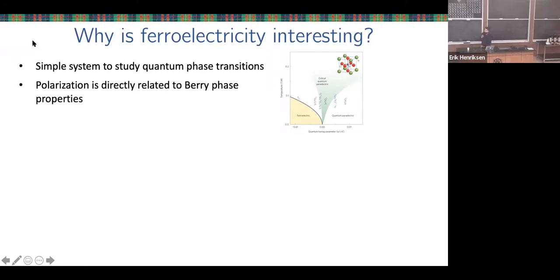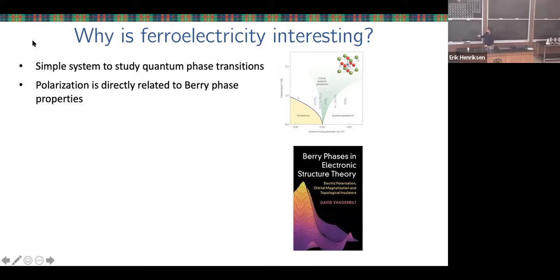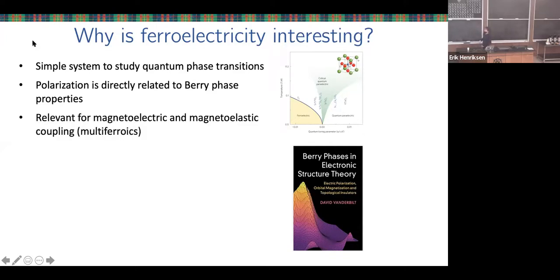Polarization is also directly related to topological properties of materials, so Berry phase properties of materials. You can see in this recent book from David Vanderbilt, the modern theory of polarization is kind of built around Berry phases. Electric polarization is the first word in the subtitle of this paper. So you can use topological properties to learn about polarization and vice versa, okay, in these materials.